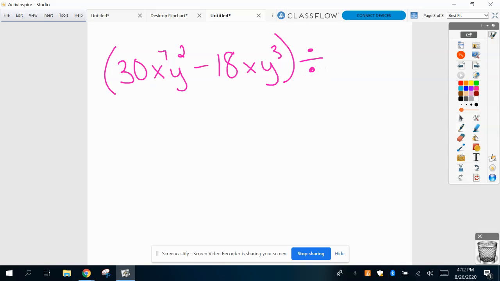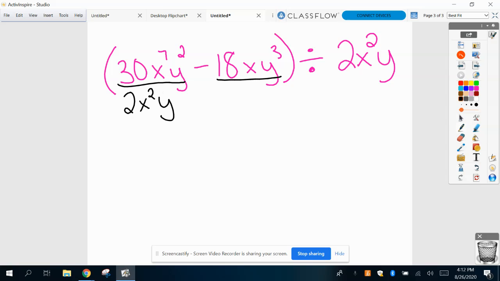We're going to divide this by 2x squared y. So I'm writing a different type of division sign, but we are going to treat it exactly the same. So we're going to take each one of these pieces and divide it individually.